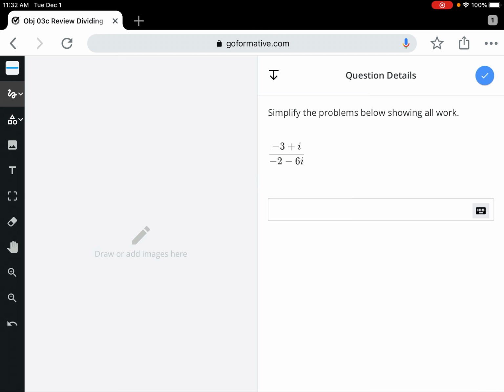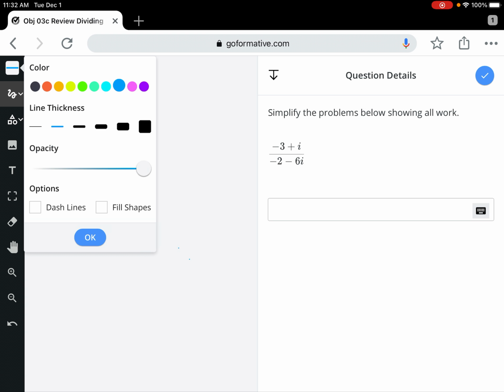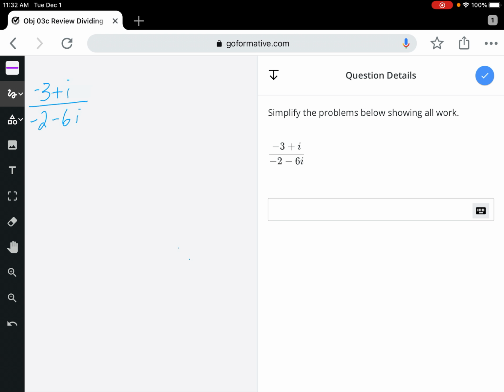And last but not least, so we have negative 3 plus i over negative 2 minus 6i. I first multiply by the conjugate. That's going to be still negative 2, put our parentheses around here, plus 6i, and negative 2 plus 6i.